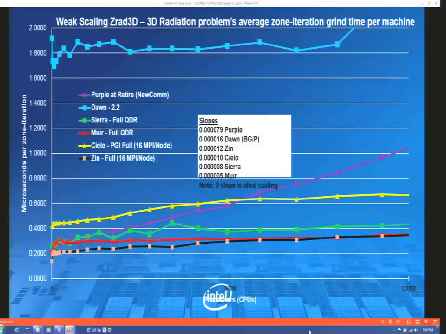And the scalability of this thing is excellent. But notice that purple curve there. That purple curve is a power system at retirement a couple of years ago. That was a Power 5 system.